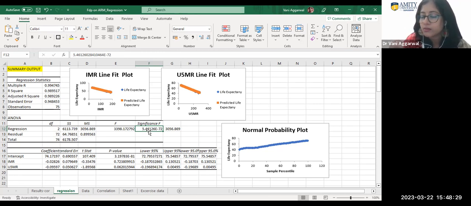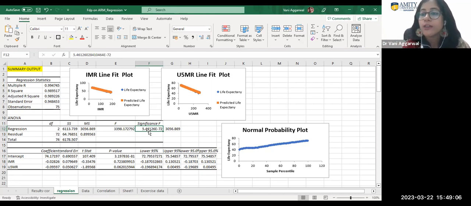If I had selected a confidence interval of 99, then my p-value would be either greater or less than 1%, which means 0.01. Or if I had considered a confidence interval of 90, then the p-value would be either greater than or less than 10%, that is, 0.10.